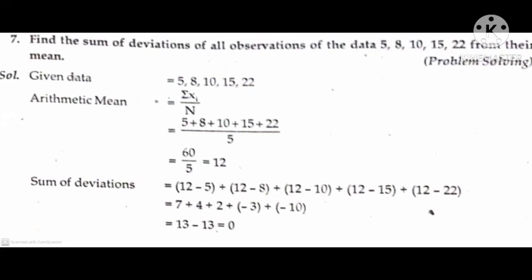Next step, 12 minus 5 means 7, plus 12 minus 8 means 4, plus 12 minus 10 means 2, plus 12 minus 15 means minus 3, plus 12 minus 22 means minus 10. Adding the positive integers we get 13. Adding the negative integers we get minus 13. After the difference we get 0. Therefore, the sum of deviations of all observations of the data is 0.